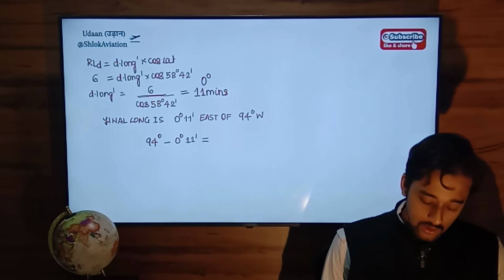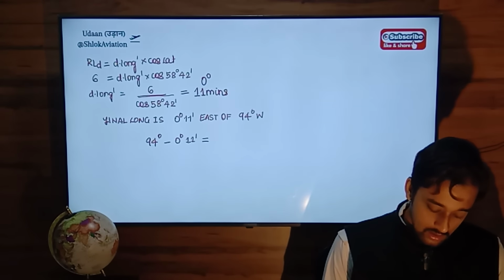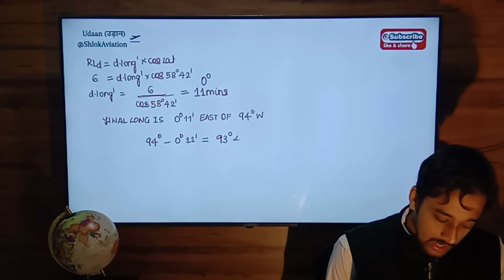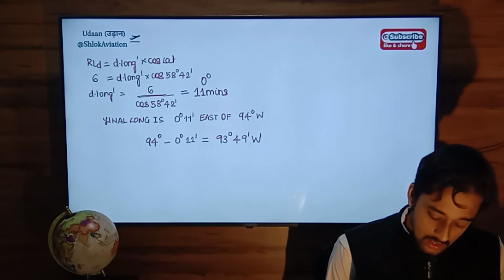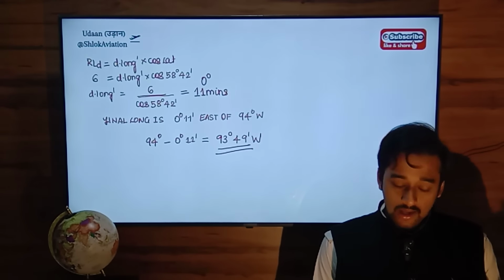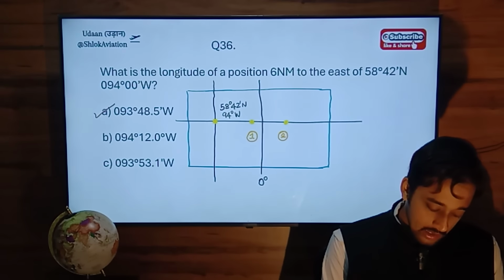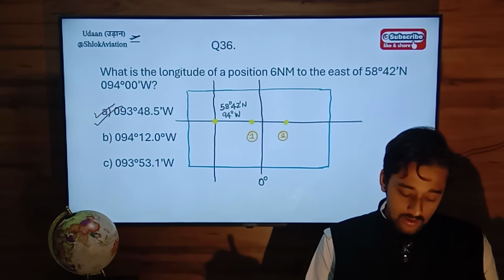That will be equal to 93 degree 49 minutes west. So correct option will be option A, 93 degree 48.5.